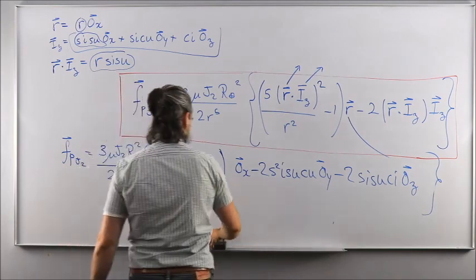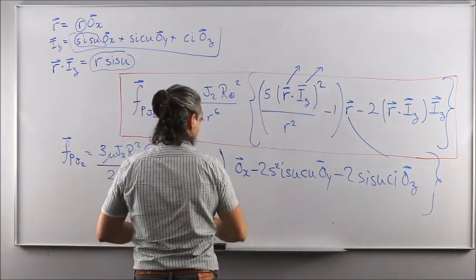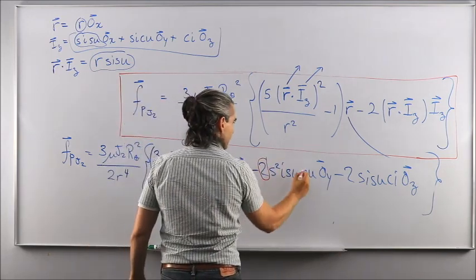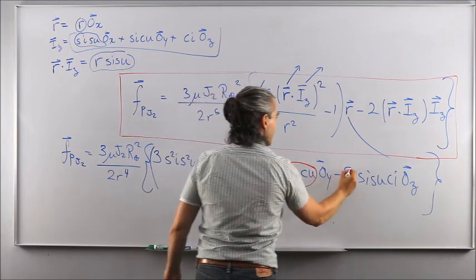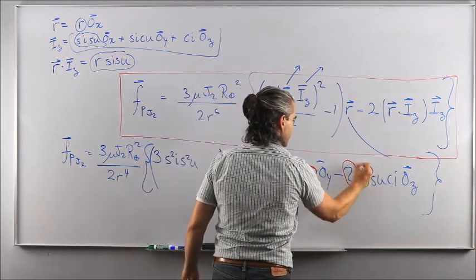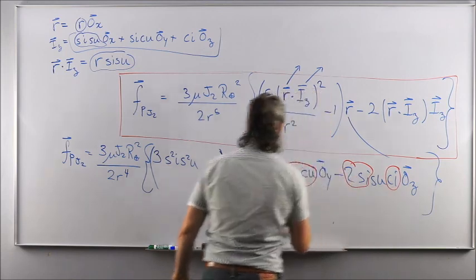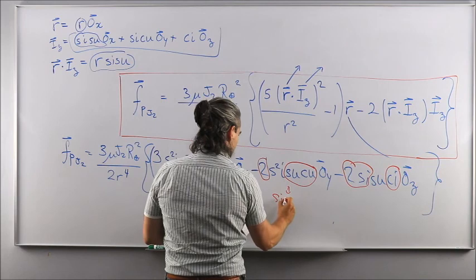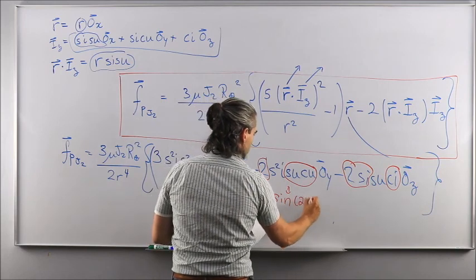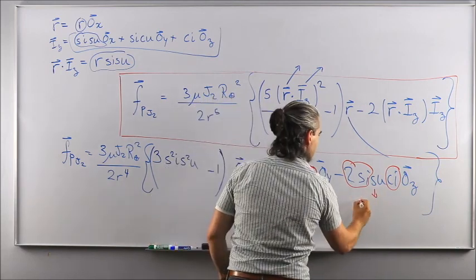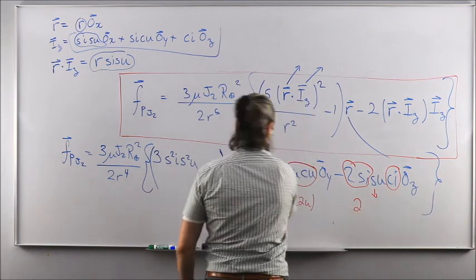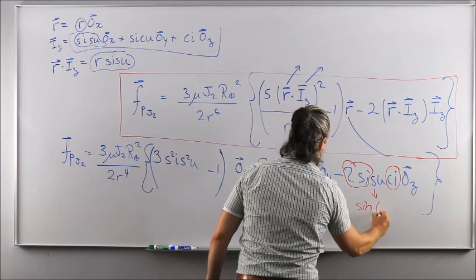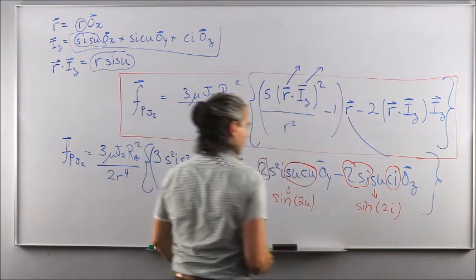Great. So what I'm going to do next is to use a trig identity that tells me that 2 sine U cos U and 2 sine I cos I are actually respectively equal to sine 2U, and here sine of 2I, like that, okay?